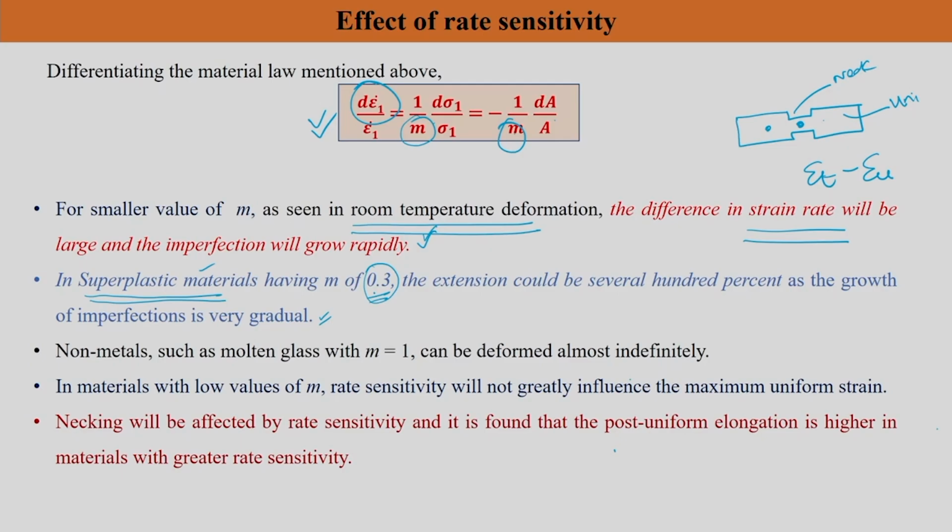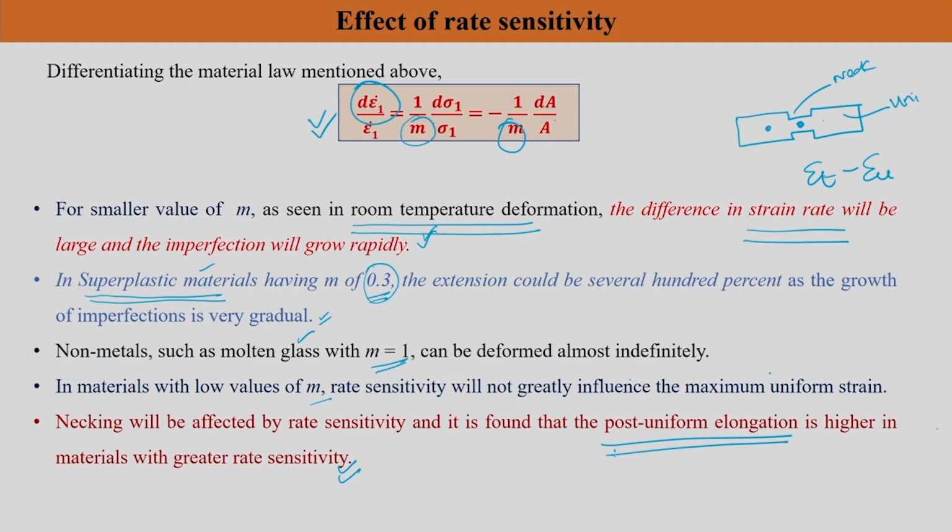So, some metals, people found out, like molten glass, which has got m of the order of 1, almost equal to 1, can deform almost indefinitely. So, in materials with lower m value, rate sensitivity will not greatly influence the maximum uniform strain, but it will affect post uniform elongation, in which materials with higher rate sensitivity will show higher post uniform elongation. So, necking will be affected by rate sensitivity.